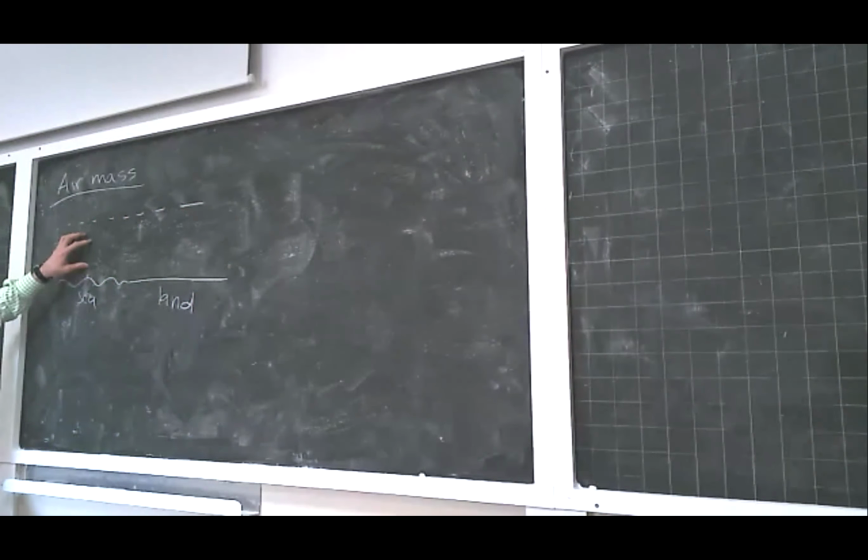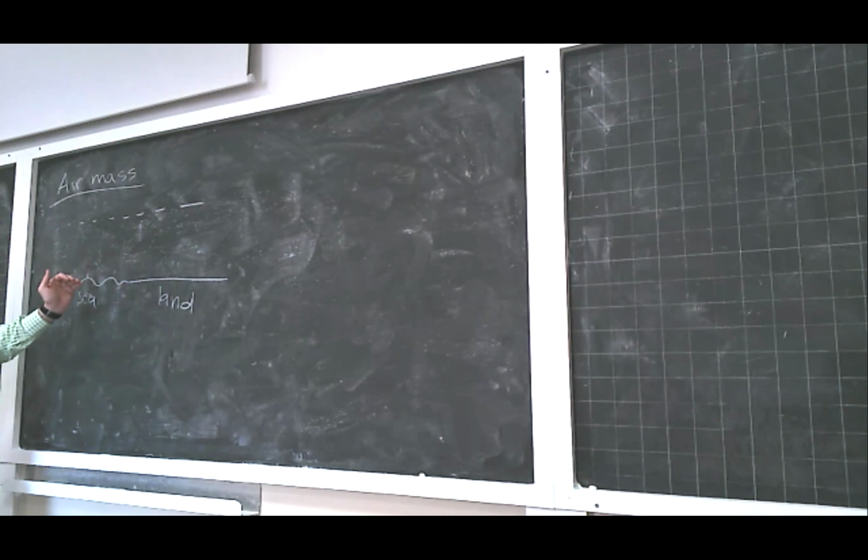Imagine that air over sea stays over there for several days, and the air over land stays for several days. As we saw in the previous lecture, the atmosphere is modified by the land. So the air over here will acquire properties of the sea, and that is temperature and typically relative humidity. That's what matters in our case.